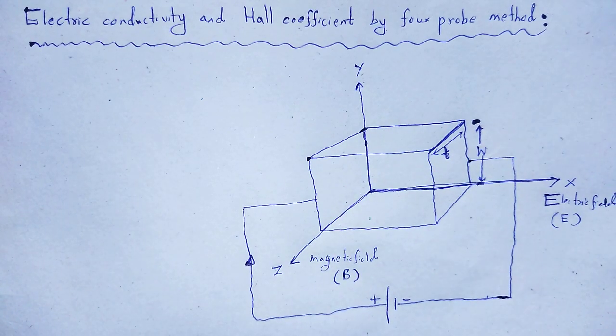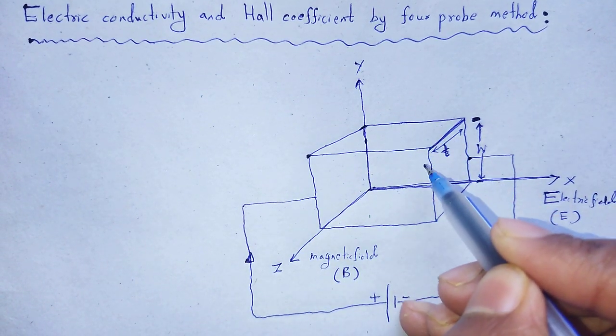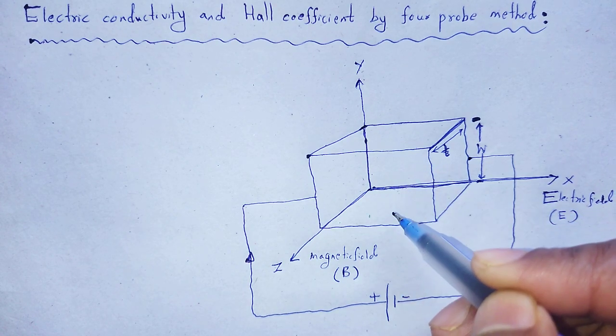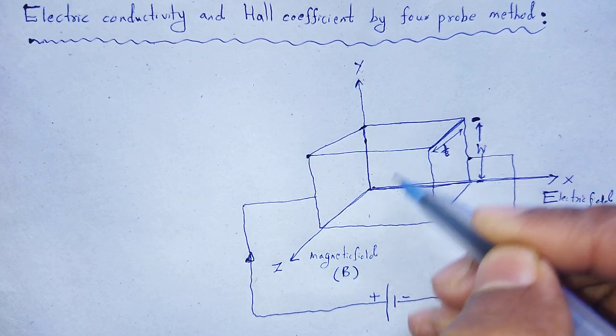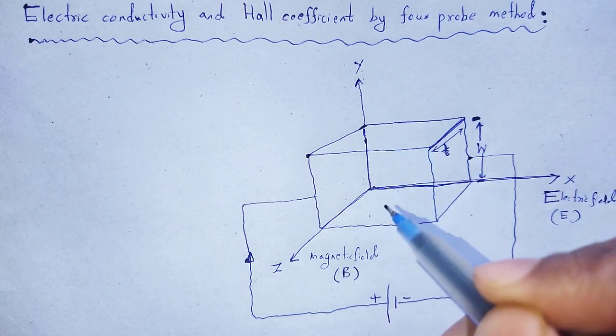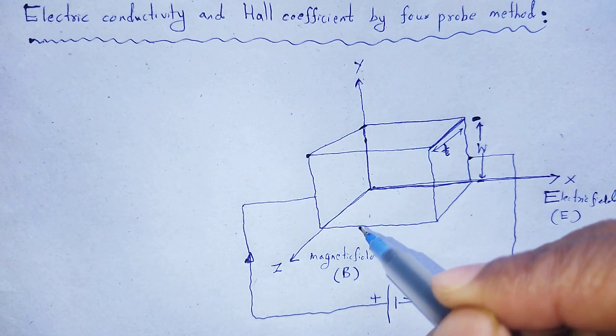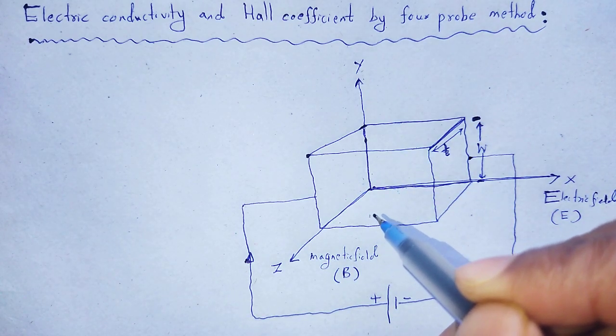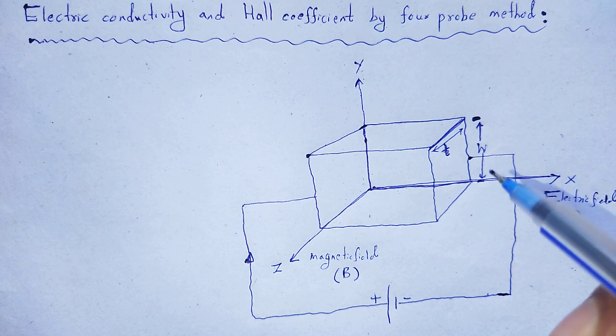Therefore, the electrons are now deflected downward by using Fleming's left hand rule.